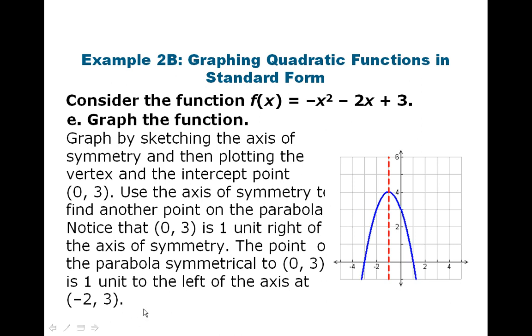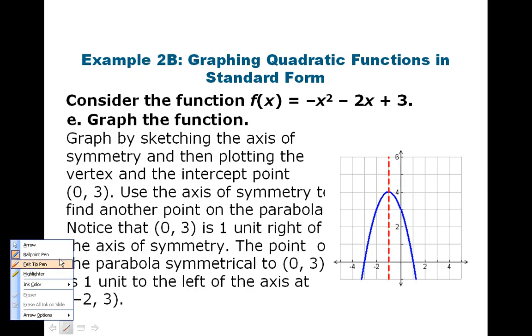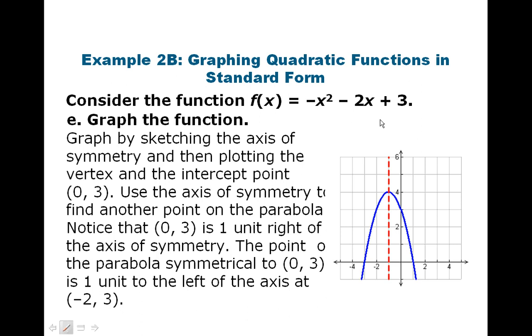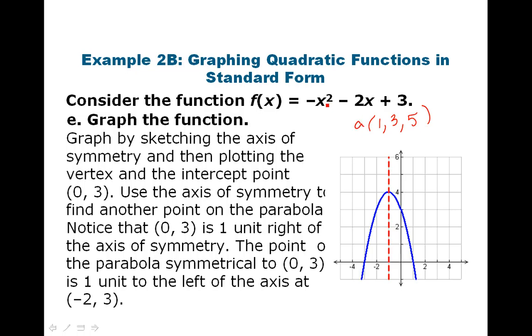you could read this paragraph right here, or you can remember that we knew the vertex was negative 1, 4. And remember the 1, 3, 5 thing we talked about before? Well, the 1, 3, 5 still gets multiplied by a, which is negative 1.